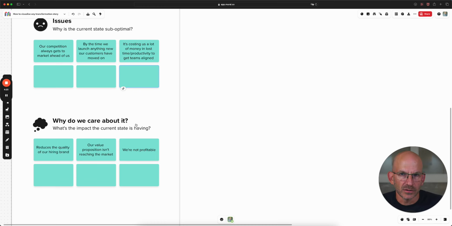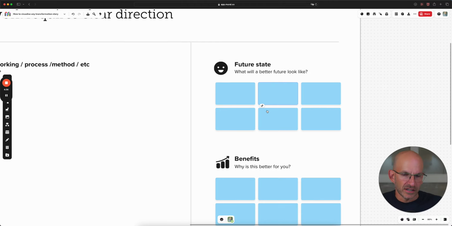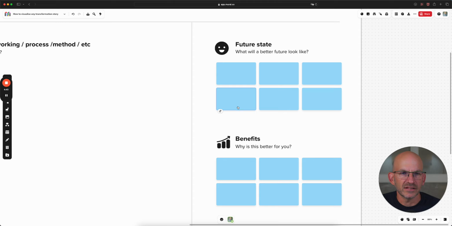If we start with the current state, then let's talk about the future state. So we start to visualize this story arc, this narrative. Let's talk about the future state. In a future state, what do things look like? Well, in the future state, we have no silos to our communication across the company, something along those lines.